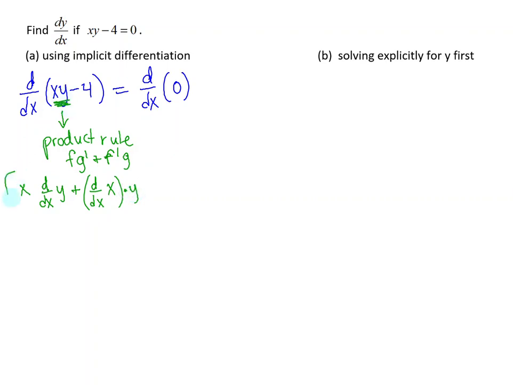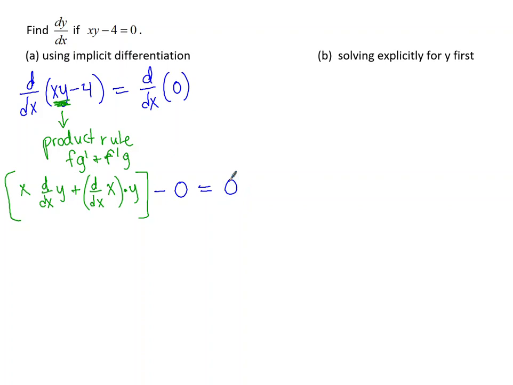This is the derivative with respect to x of that product. Then the derivative with respect to x of 4, since 4 is a constant, that derivative is 0, and the derivative with respect to x of 0 is 0.